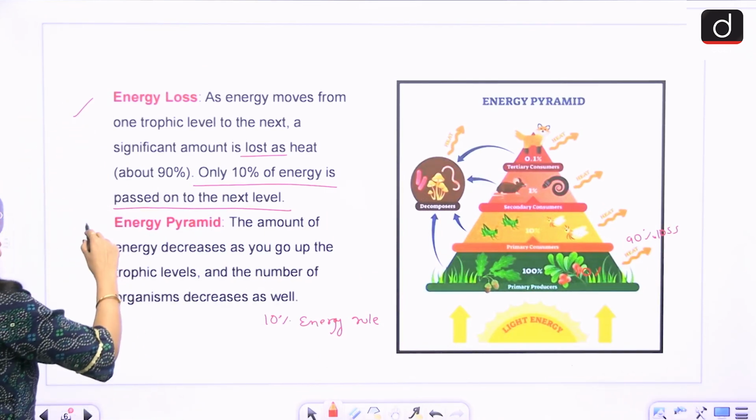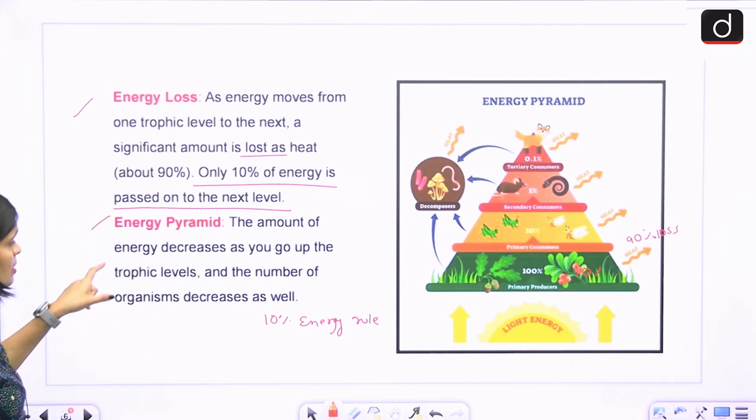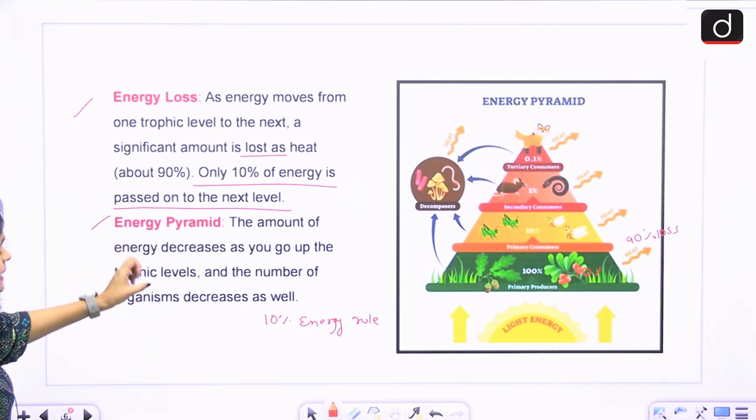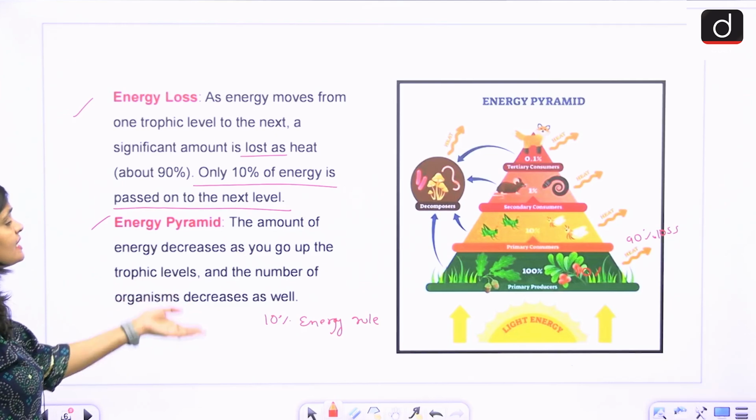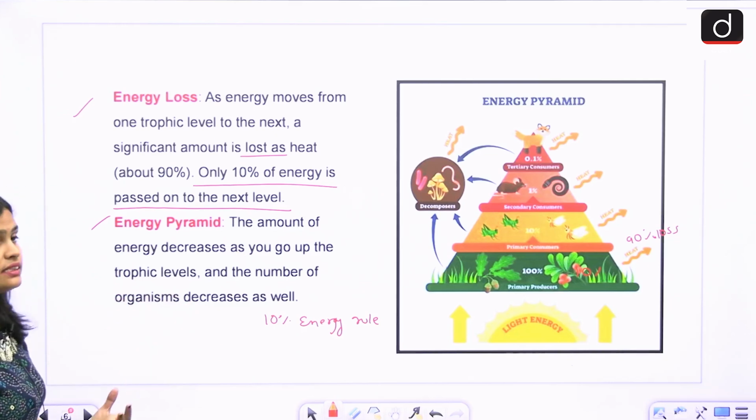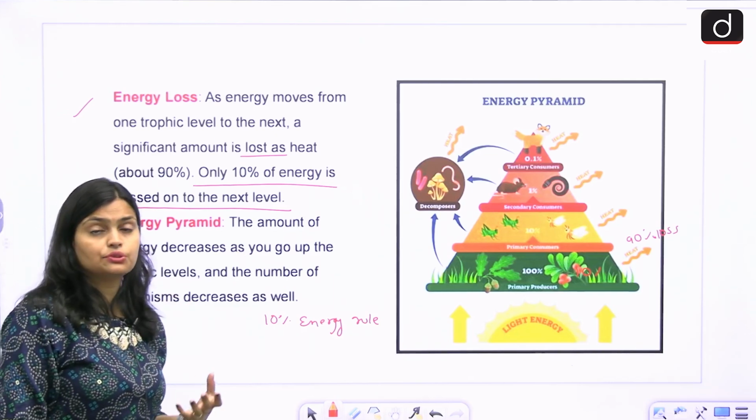Now what is an energy pyramid, guys? The amount of energy decreases as you go up the trophic level, and the number of organisms decreases as well. So that is how you call it an energy pyramid.